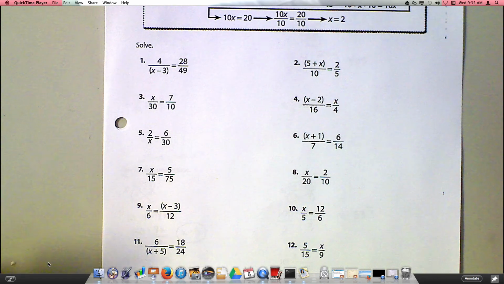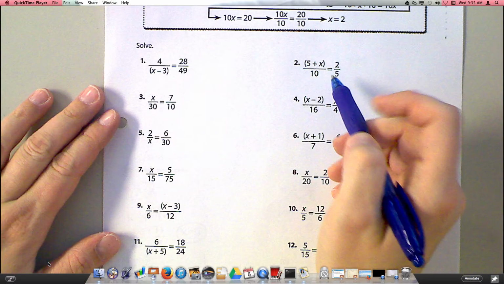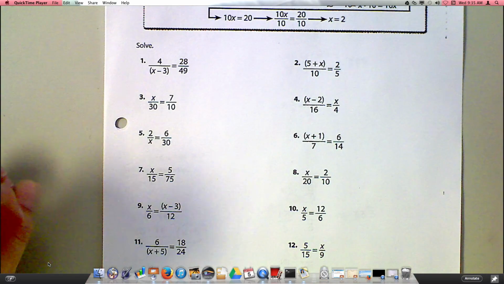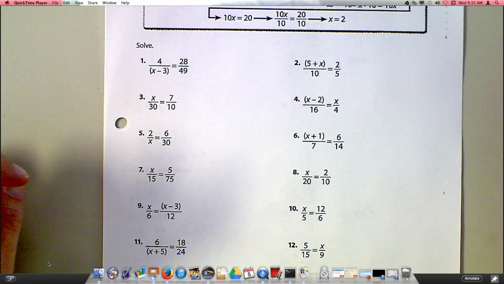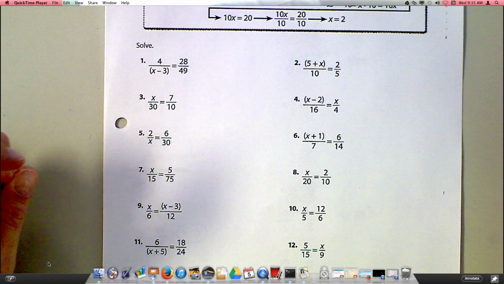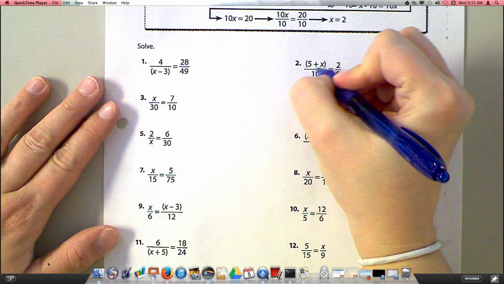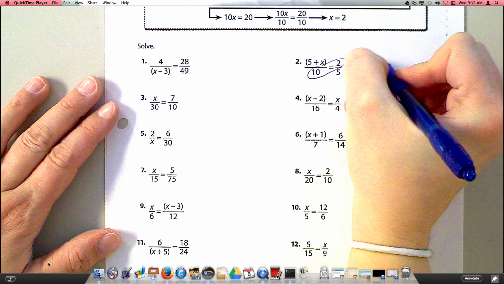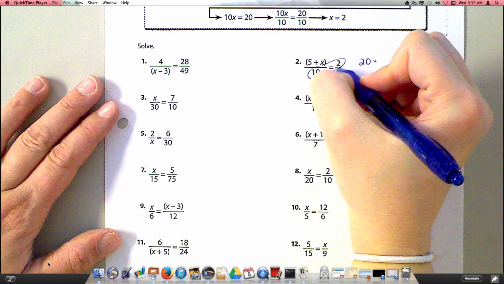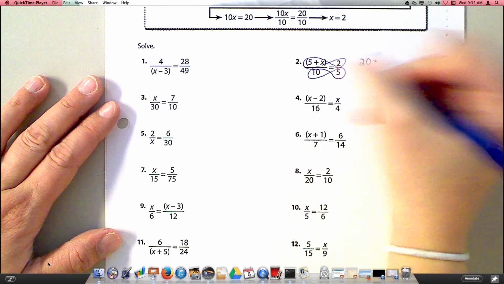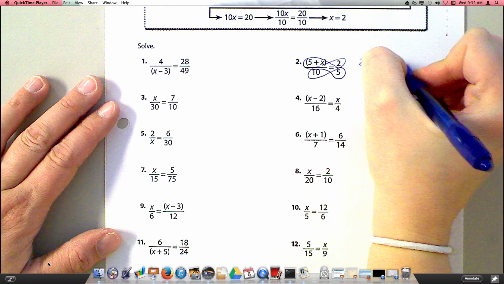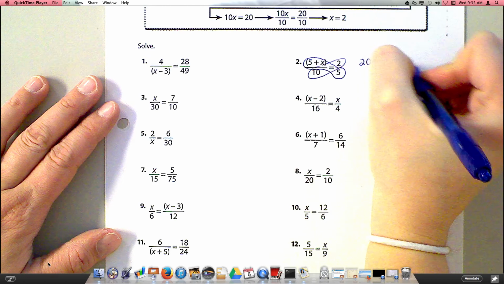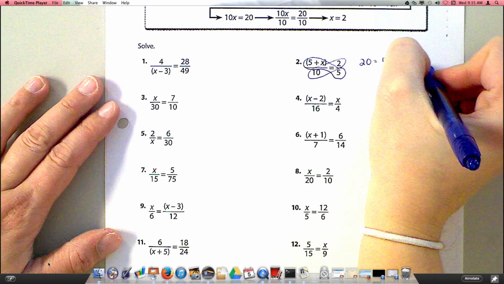Okay, number 2. If I were to do number 2, which two numbers can I multiply right off the bat? Darian? Okay, so 10 and 2 makes 20. And then over here, I'm going to write this as 5 times 5 plus x. Does that look familiar to you?